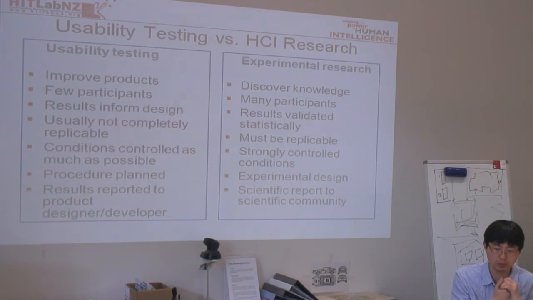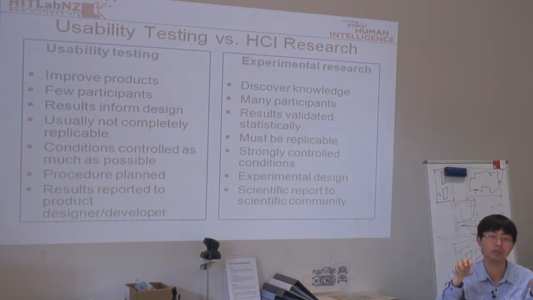But experimental research or HCI research is more focused on discovering knowledge, such as whether a new style of interaction would improve the usability and so forth. So both are trying to improve the usability of your product, but usability testing is focusing on your single product and trying to improve it as is. And experimental research is trying to compare the state of the art against your new idea. Okay?